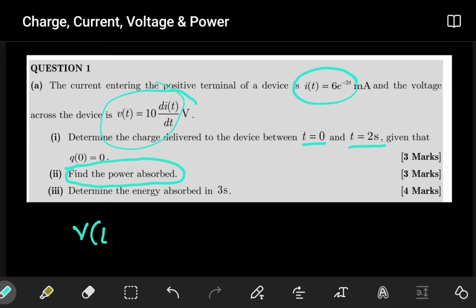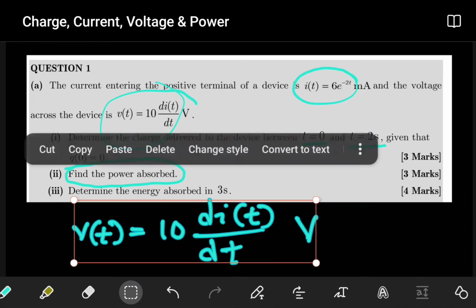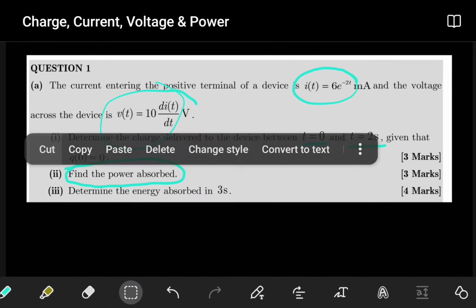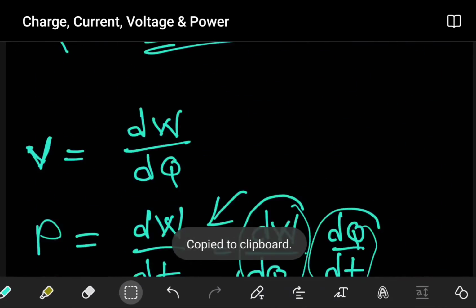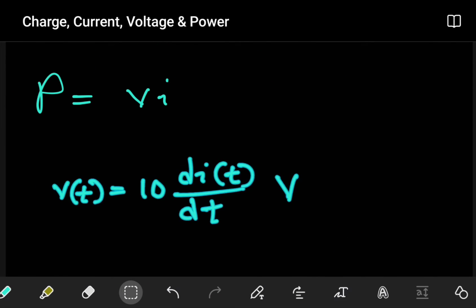So you have voltage, a function of time, is equal to 10 di(t)/dt, and this is in volts. So if we take it down, the voltage here is given as this expression.